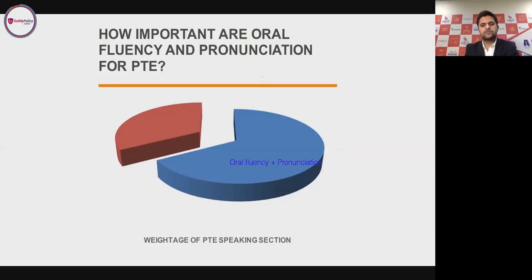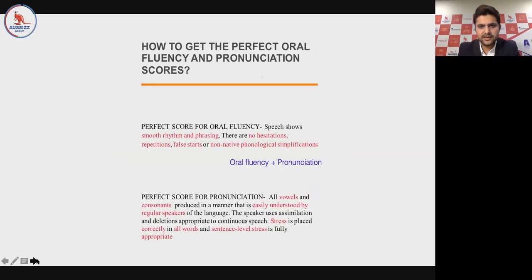Right. So now moving to the next part: if oral fluency and pronunciation is this important, then how do I get the perfect oral fluency and pronunciation score? How do I ensure that I get the perfect score?